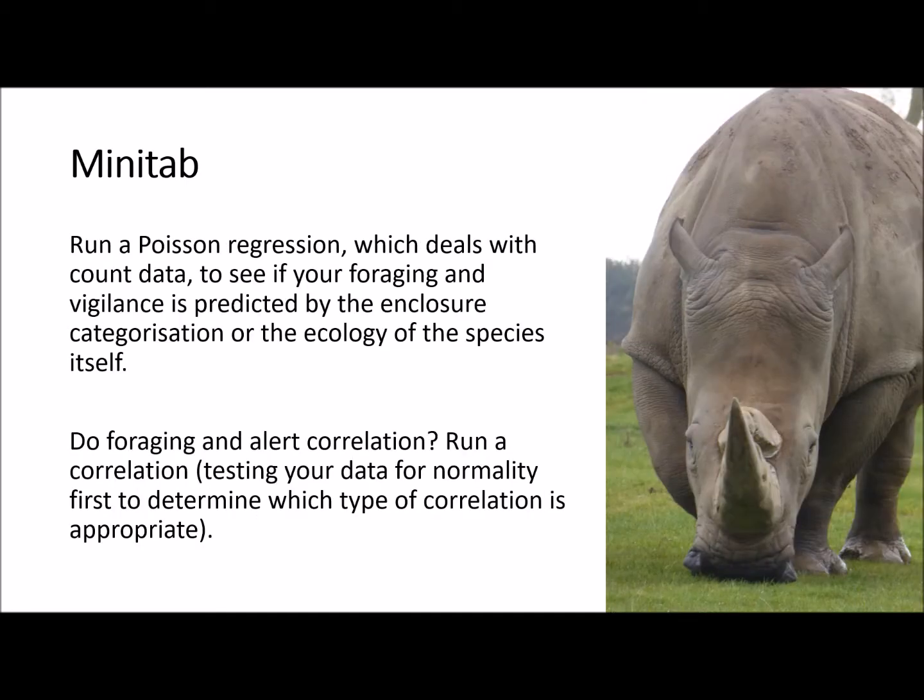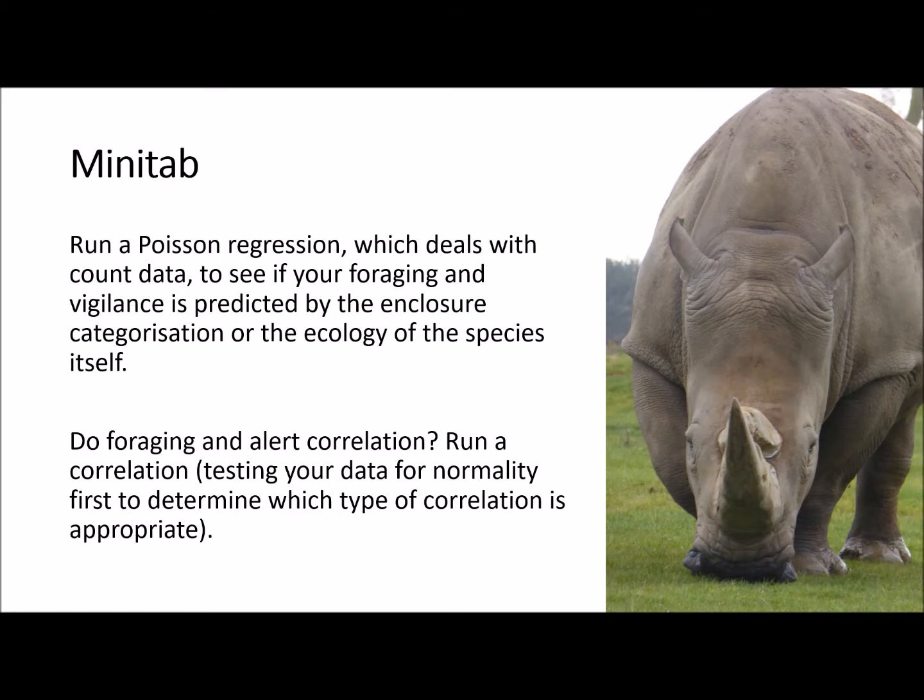So what we're going to look at in Minitab is a Poisson regression, because this deals with count data. And we're going to see if foraging and vigilance, these two behaviours that you've counted as a frequency, are predicted by how the enclosure has been scored, as well as key aspects of species ecology, for example, their wild habitat. We're also going to see if foraging and alert or vigilance correlates.